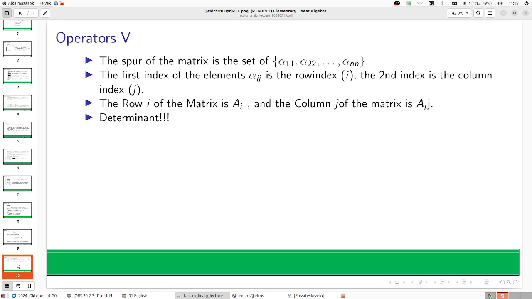If you want to multiply, then you have to calculate the following. You take these numbers and these numbers, and each pair is multiplied and summed together. You will see very soon.